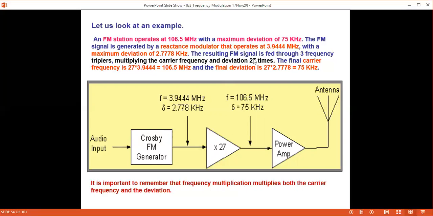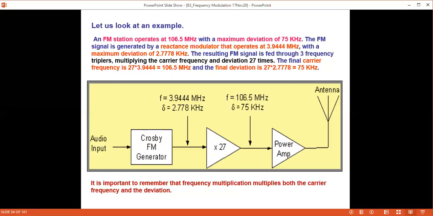Okay, so normally, practically, we don't have a multiplier with a very high value, because when you have very high values, there's this issue of harmonics. If I'm not mistaken, high harmonics. So normally, instead of using one multiplier with a very high factor, they use smaller multipliers, times 2 or times 3.